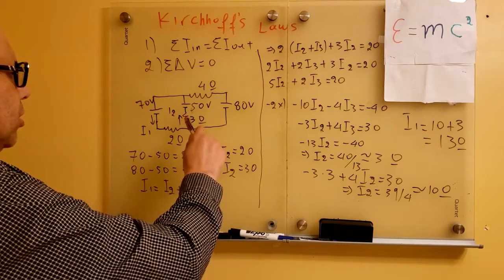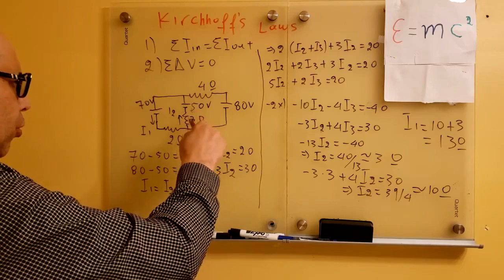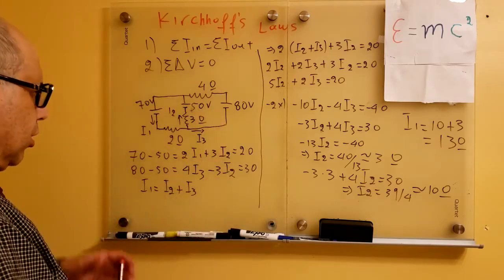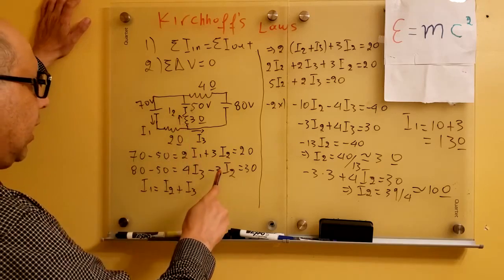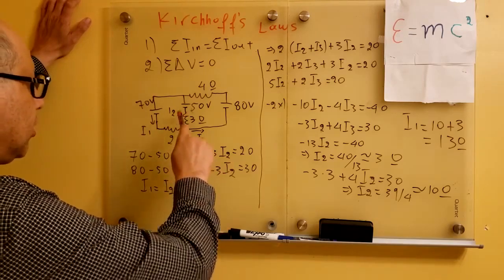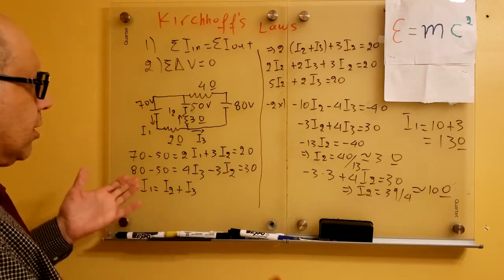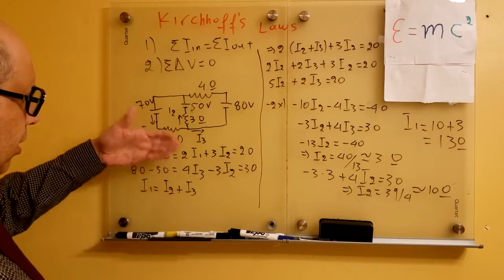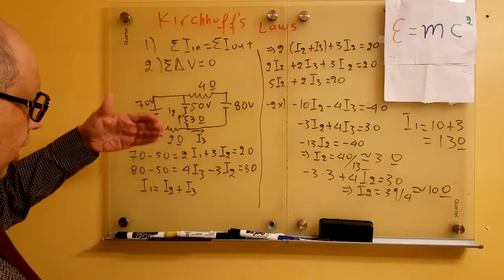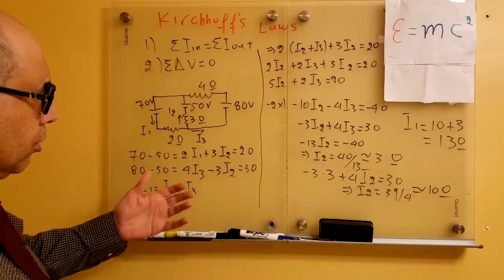So this here, because it's in the opposite of the direction that we assume is positive, will be 3I2, because the I2 actually is in this direction. So that's it. And now you just have to solve this system of three equations with three unknowns in order to find what you're looking to find.